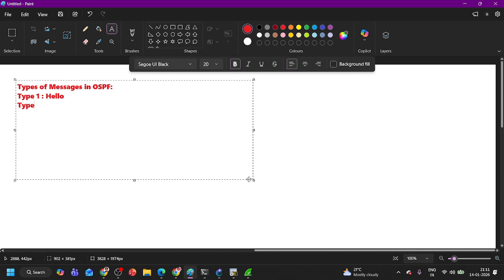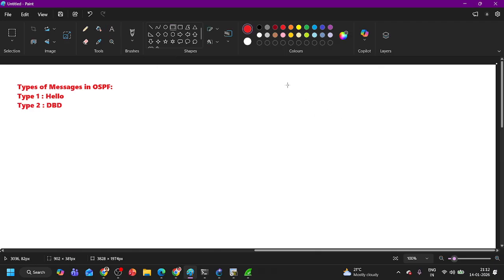Type 2 message is DBD message. DBD stands for database description. This is not the actual database prefixes, but the header, similar to the menu card of any hotel.